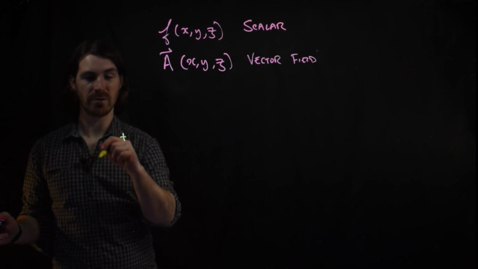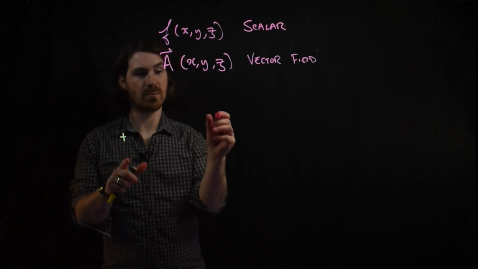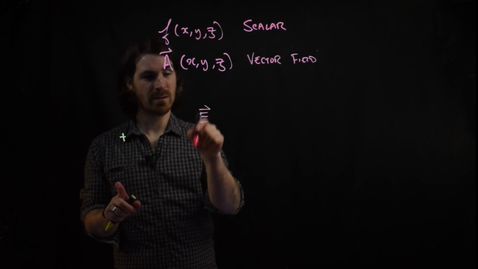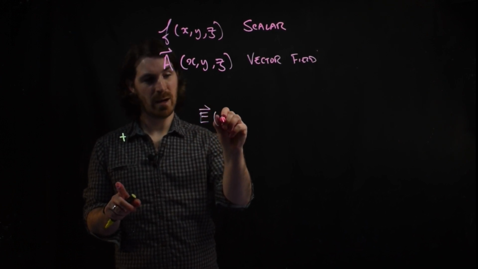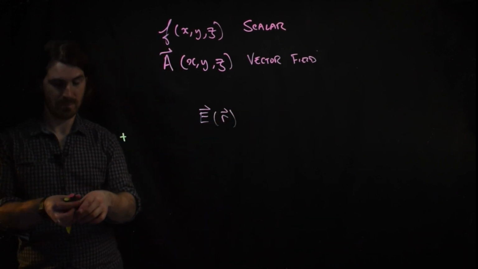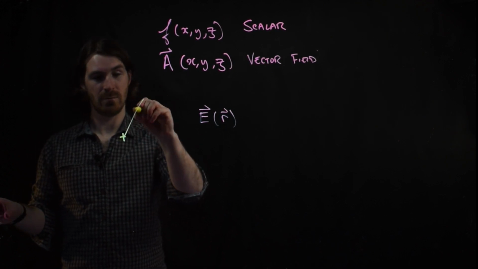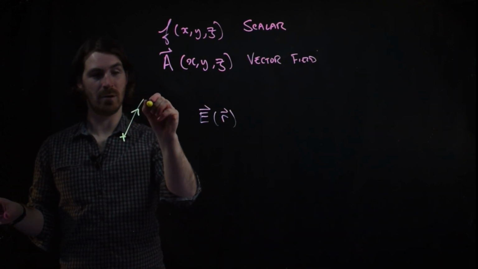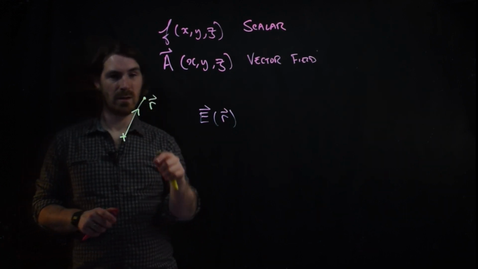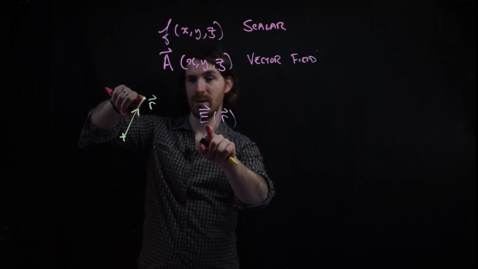We've got a single positive charge, and the electric field of this positive charge we call E. It's a vector, and it depends on the position away from the charge. So we go some coordinate r away from the charge, and at this point there is an electric field, and it's a vector.